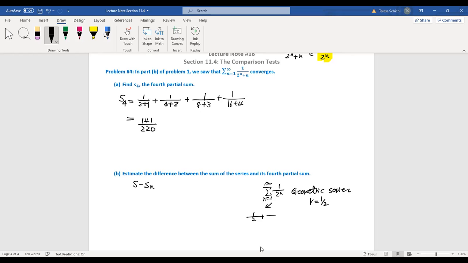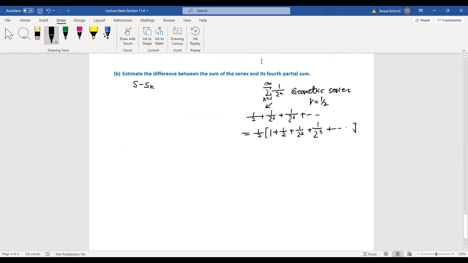So this is 1/2 plus 1/2 squared plus 1/2 cubed. Then you can take the 1/2 out, and this is 1 plus 1/2 plus 1/4 plus 1/8. Okay, so be careful here, this is not 1/2^8, this is 1/2 to the 3rd, right?